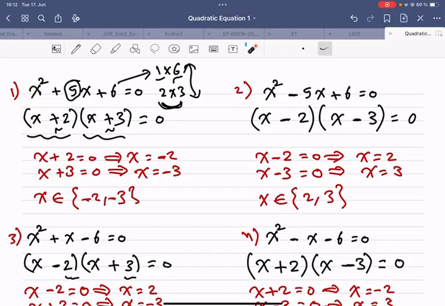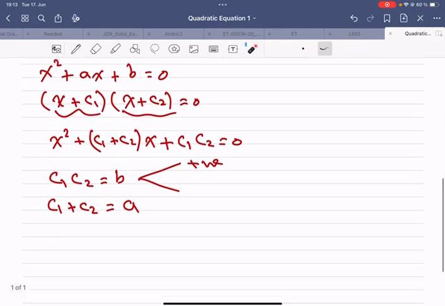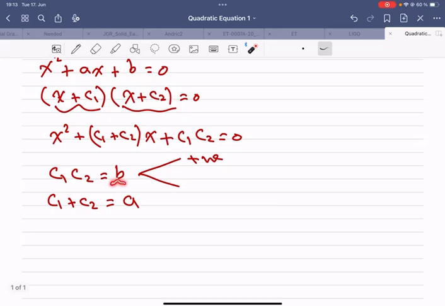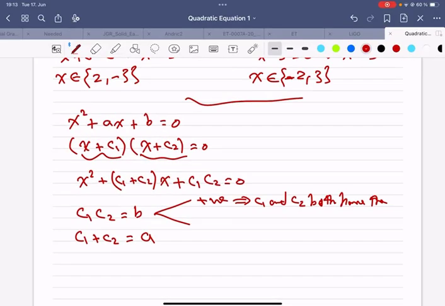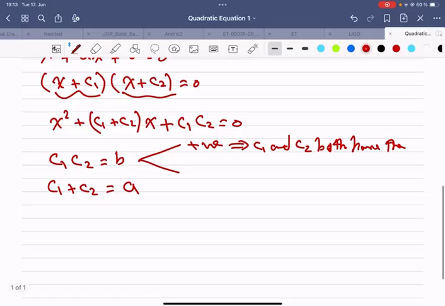If b is positive, it means that the two numbers have the same sign. And this is true, because if b is positive, it means that c1 and c2 both have the same sign.